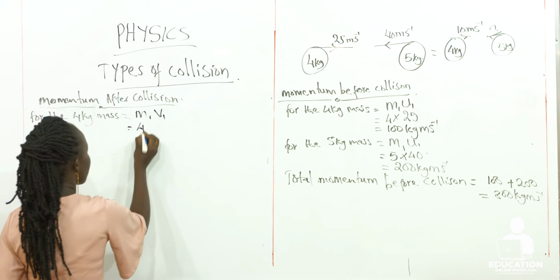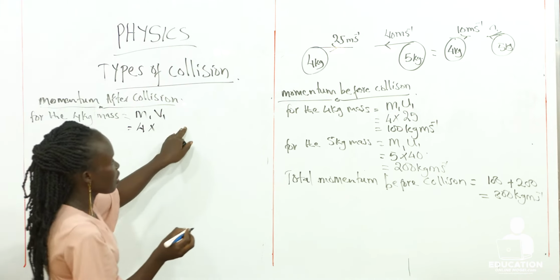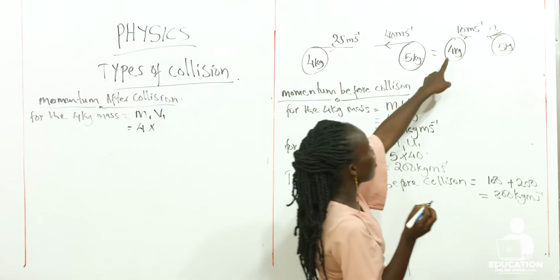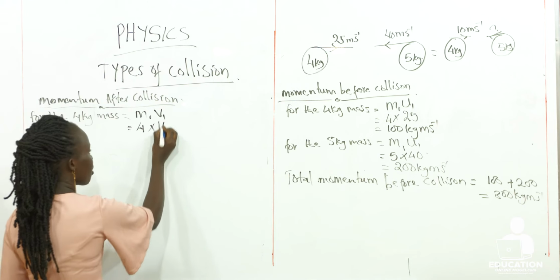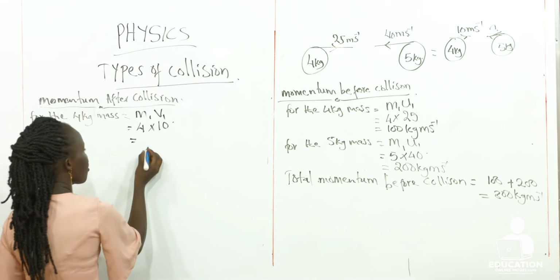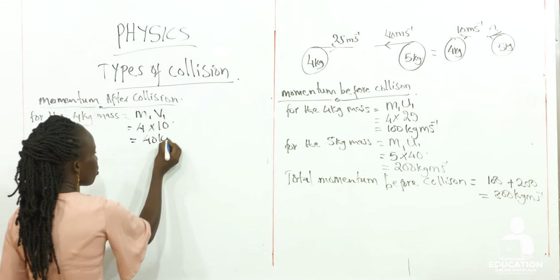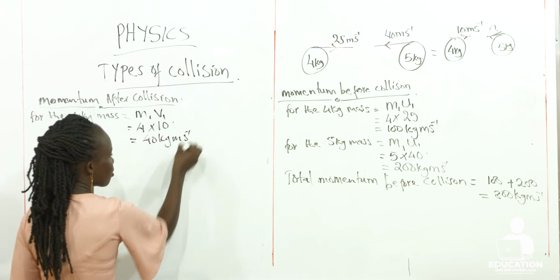The mass still remains 4, times the velocity it started moving with, a velocity of 10 meters per second. We have 10, so we shall have it as 40 kilogram meters per second.